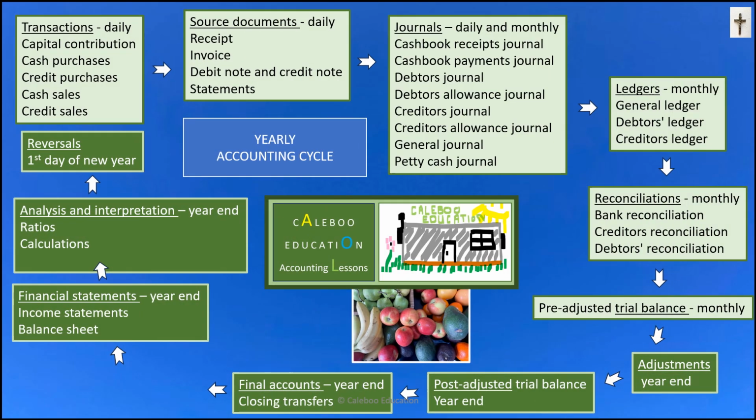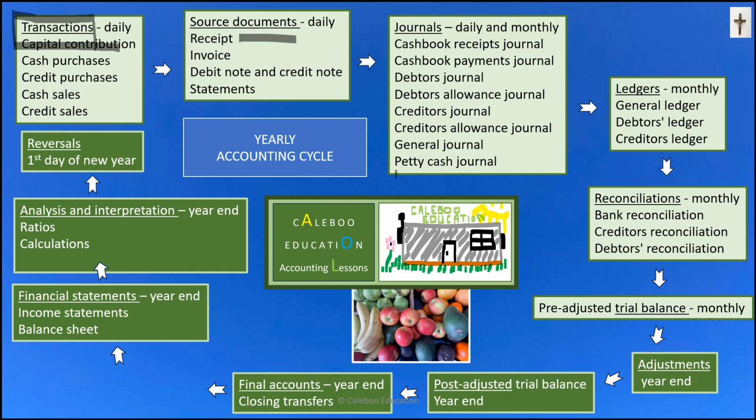I often start with the bookkeeping cycle, as you well know. This is where we are. Remember, we're going to look at the petty cash journal. So transactions will take place with regard to the petty cash journal. We're going to look at the source document that is used to record a petty cash transaction.